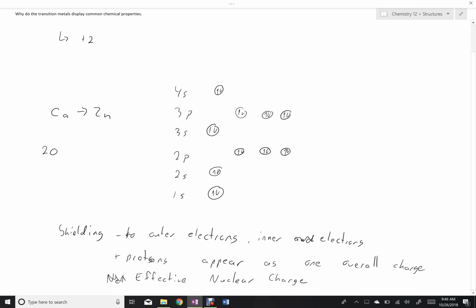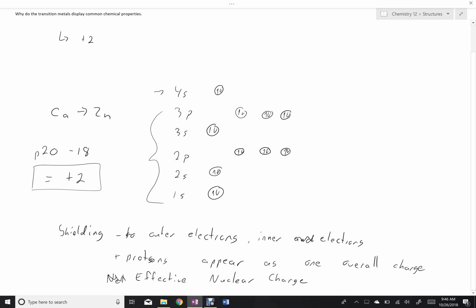If you're a little hazy on this concept, if you go back and search through my other videos for effective nuclear charge, I talk about this a lot more in previous videos, so I'm not going to get into it here. But the idea is that since I have 4s electrons, all of these inner electrons, of which there are 18, will cancel with the inner protons, of which there are 20, and leave me with an effective nuclear charge of +2.